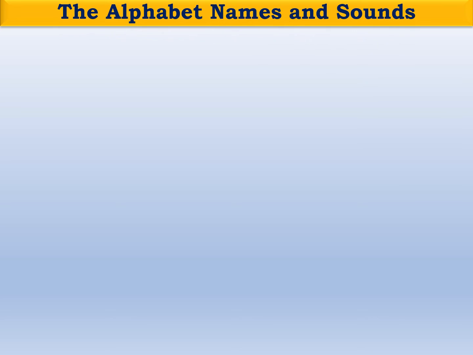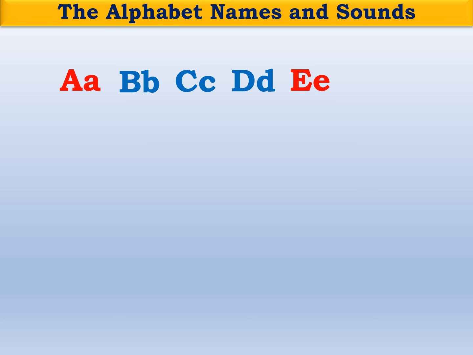The 26 letters of the alphabet: A, apple. B, baby. C, car. D, dog. E, egg. F, fan.